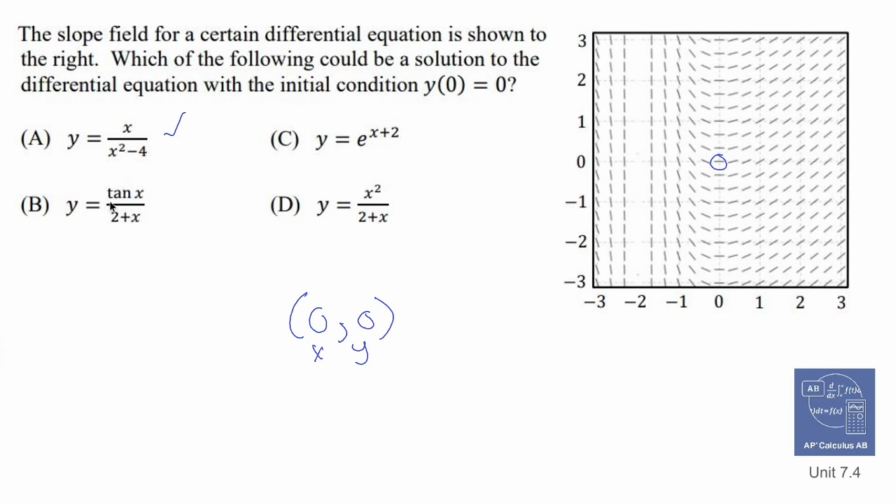If I plug in 0 for tangent, tangent of 0 is 0, and 2 plus x is 2, so that checks out. If I plug in 0 here, I would get e to the 2, so C is not an option because I will not get 0. And if I plug in 0 here, I get 0 over 2, which is 0, so that seems to check out.